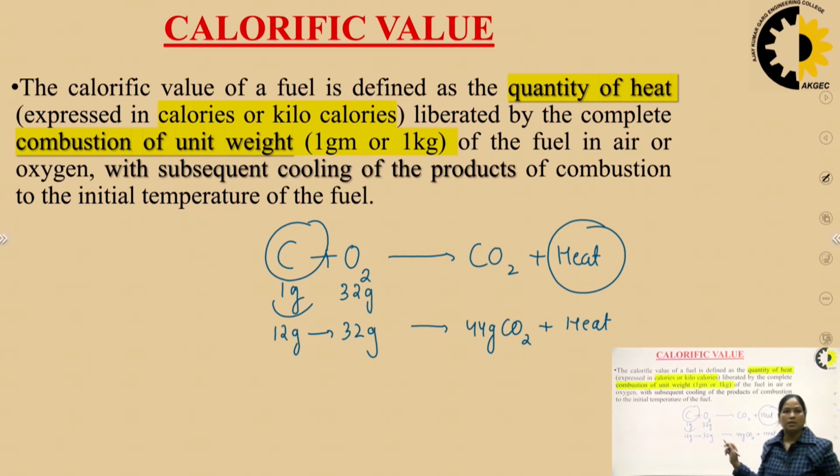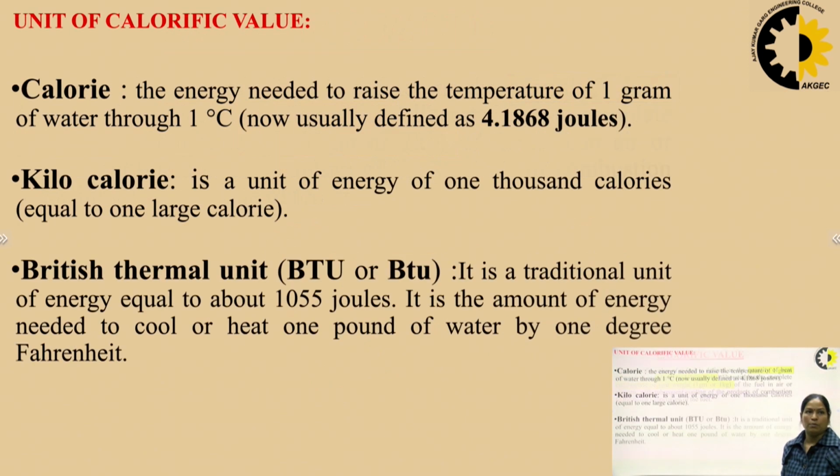Any combustible substance can be written in this molar form also: 12 gram of carbon reacts with 32 gram of oxygen and produces 44 gram of carbon dioxide. What is the benefit of this calculation? That we can calculate, if we have 1 kg of carbon, how much heat will be produced by 1 kg of carbon.